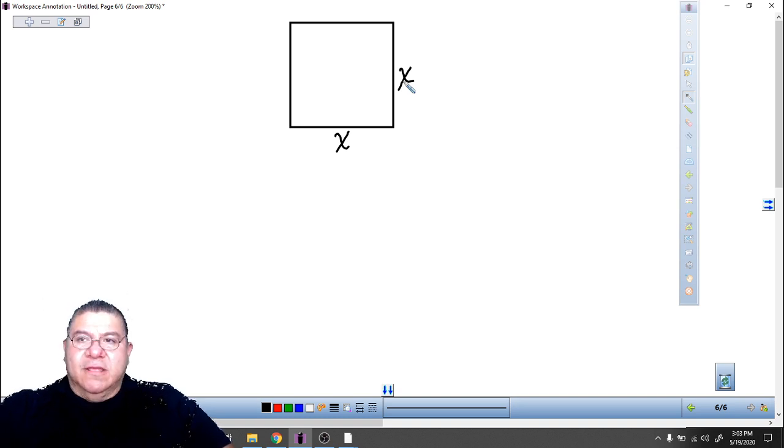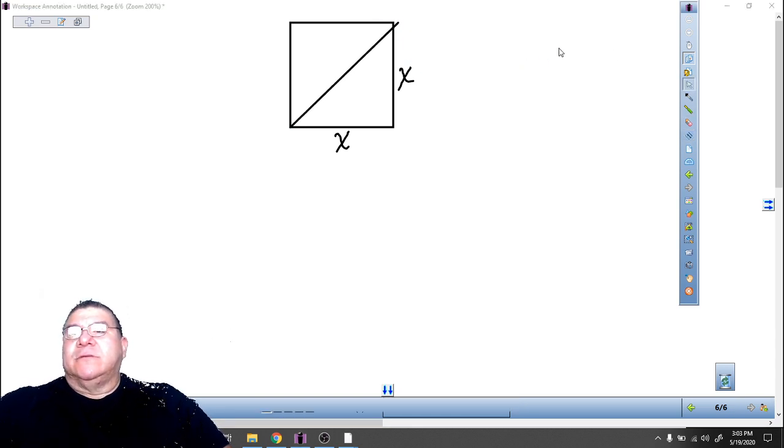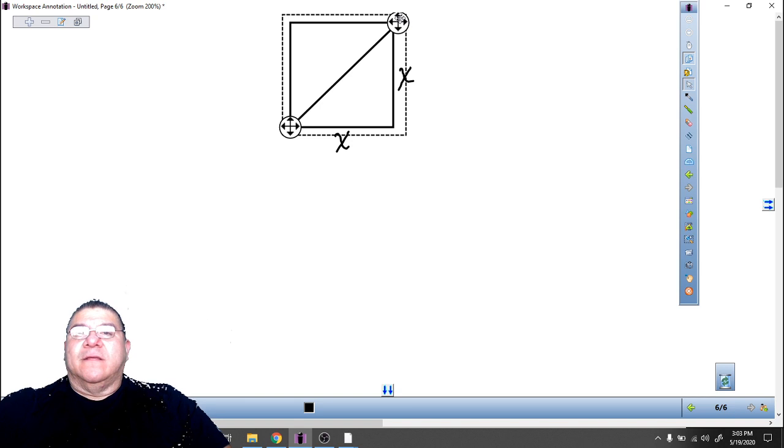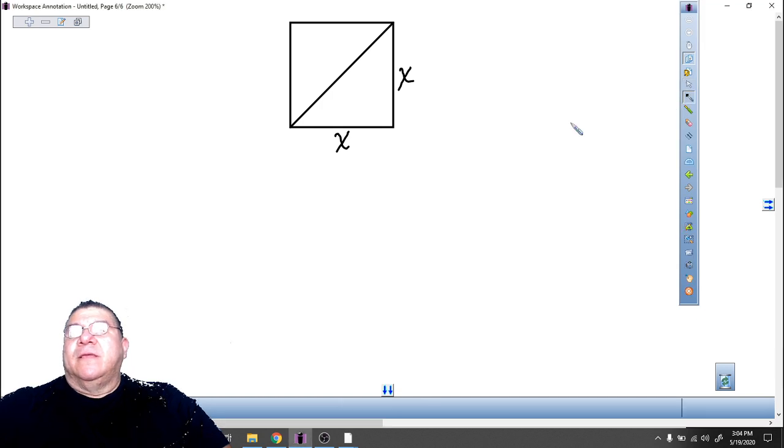Yes? All right. And if I wanted to cut this in half, but diagonally, I'm going to cut it from here to there. There it is. All right.